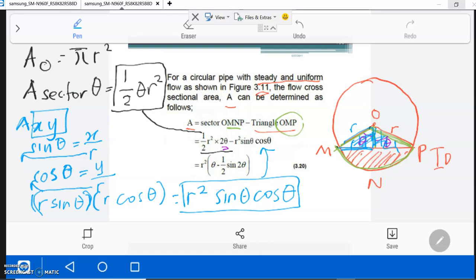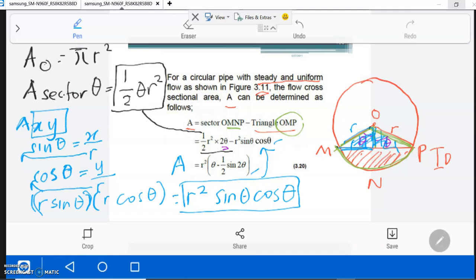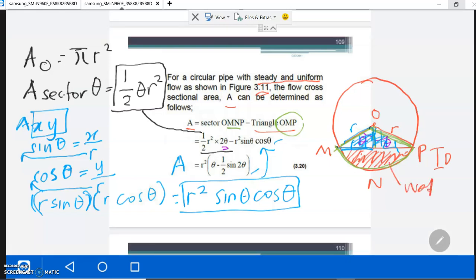So therefore kita tinggalkan je r square sin theta cos theta. Okay, so kita pun boleh simplify all this. We get r square times theta minus half sin 2 theta. So that is area yang berlorek merah ni, this area yang covered with the water.